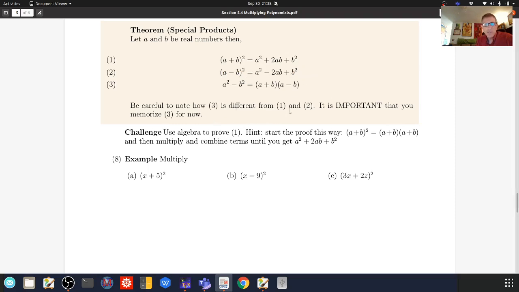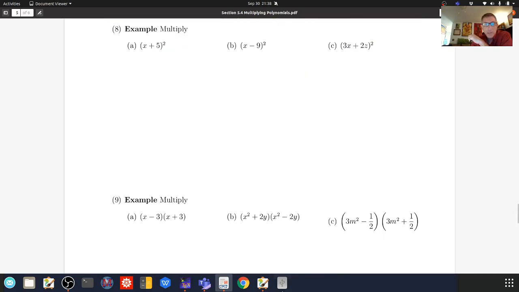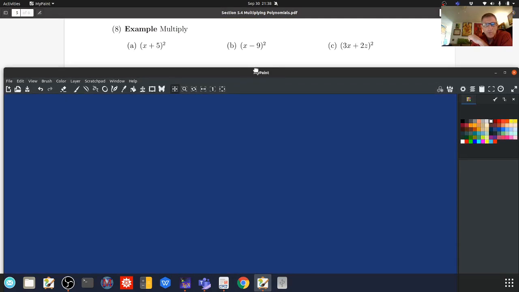Note how 3 is different from 1 and 2, and it's important that you memorize at least 3 for now. I suggest memorizing all of them, although the hope is that just by doing your homework and doing a lot of examples, you won't have to have them memorized.